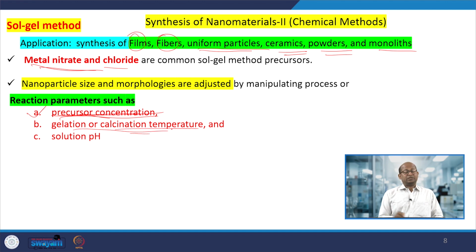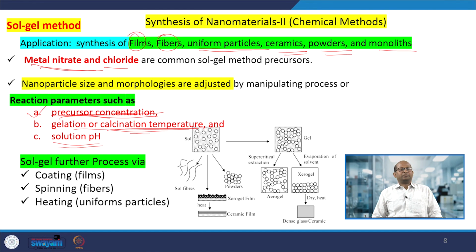Then calcination temperature is also a parameter we can control. If we heat at low temperature, the nanomaterials are in dispersed form. When calcined at high temperature, there is a possibility of agglomeration and larger particle formation. Also, each of the solutions we have considered for the preparation of the gel.